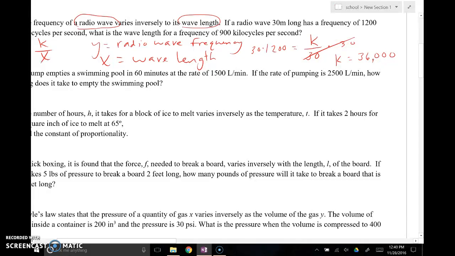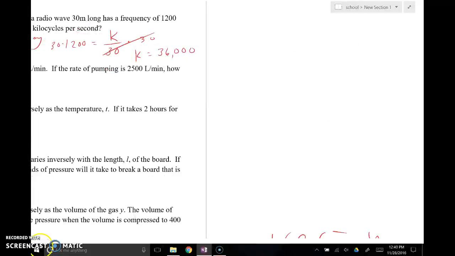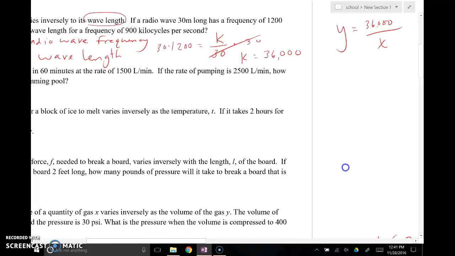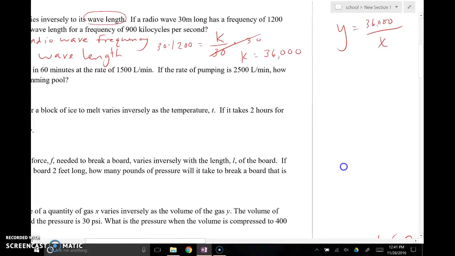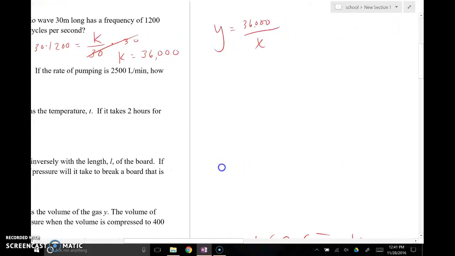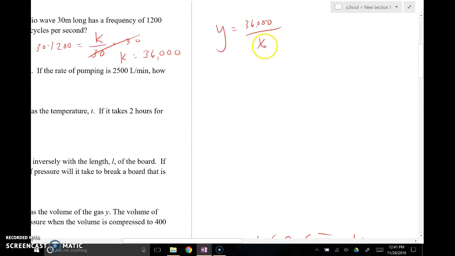Now what I need to do is use that constant to help me solve for the scenario where I find the wavelength if the frequency is 900. I know my constant. I can rewrite k as 36,000, and I can now substitute in for my scenario. Again, they want to know what the wavelength is when my frequency is 900. So I'm solving for x if y is 900.